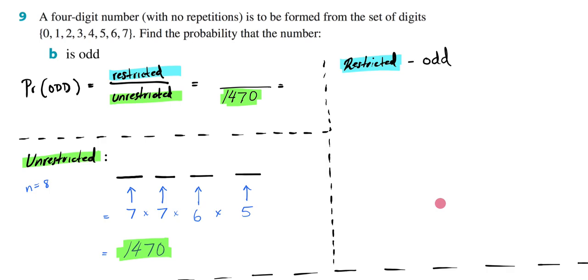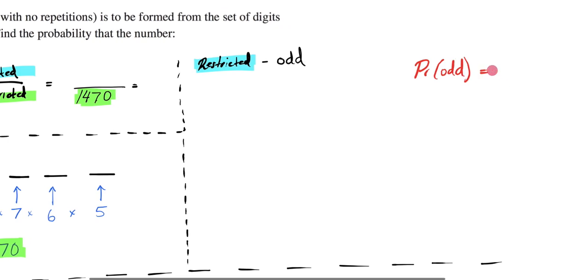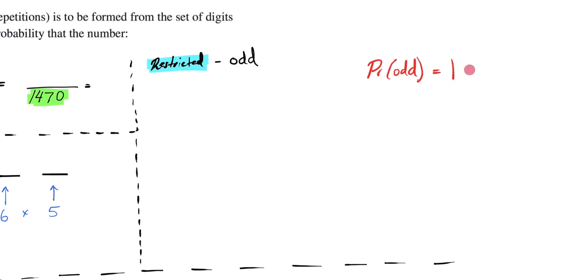Now, before we go on to that, there is a very easy way we could solve this. Once we know what the probability of the even number is, all we really need to do is say, well, the probability of odd is going to be 1 minus the probability of the even.